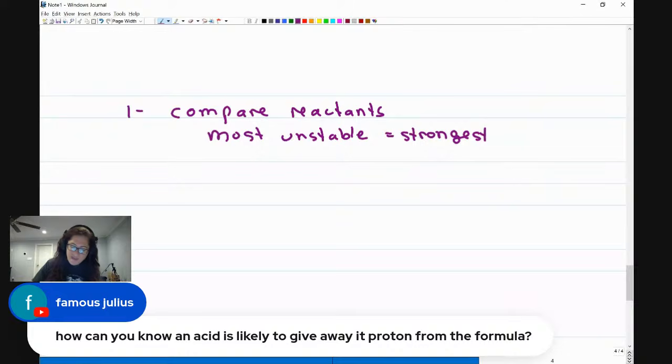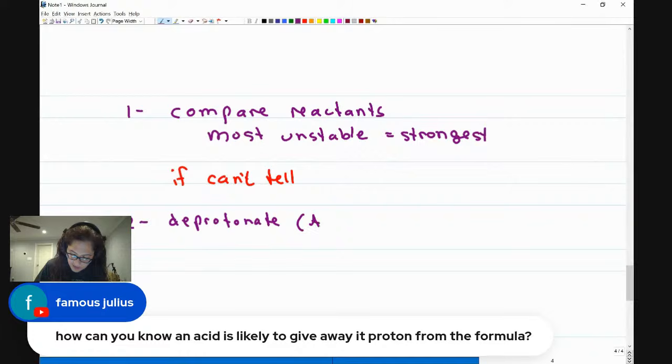But if you can't tell, because sometimes they look pretty similar, then you look at step 2. And step 2 is you're going to deprotonate if you're talking about an acid, or protonate if it's a base, and then compare the products.